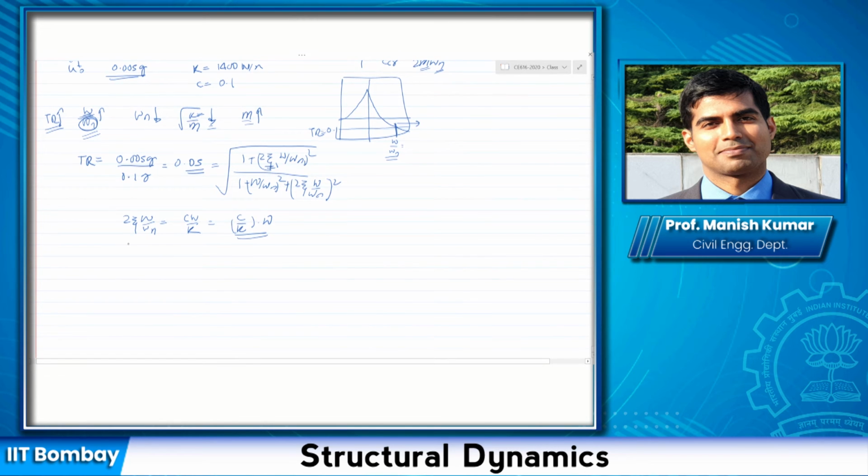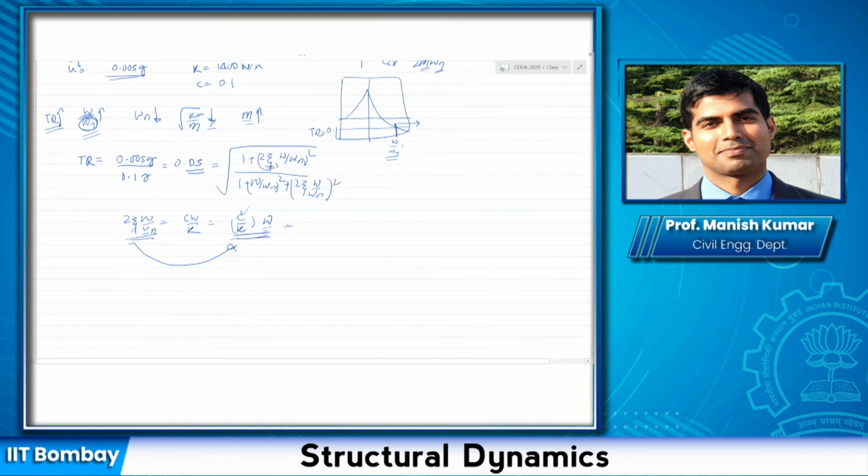So whatever value I had for 2 zeta omega by omega n is not going to change, because my damping coefficient and k are the same and omega is also the same. While individually omega n and zeta are changing, when I take this ratio, the product is actually not changing. So I can write whatever I had initially obtained.